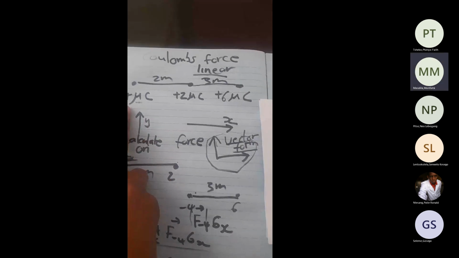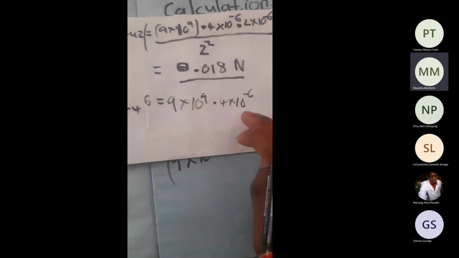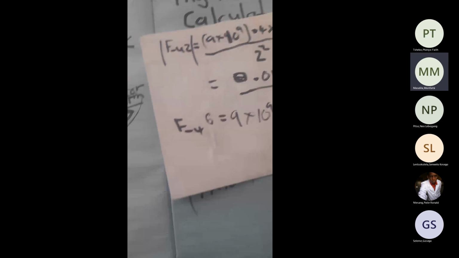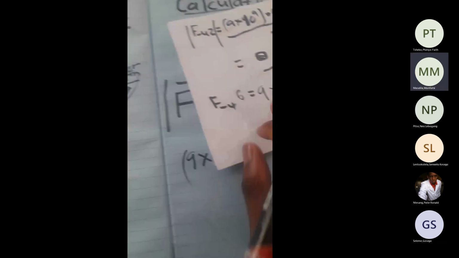So it's going to be 4 times 10 to the power -6 times 6 times 10 to the power -6. Not 2. It's 6.